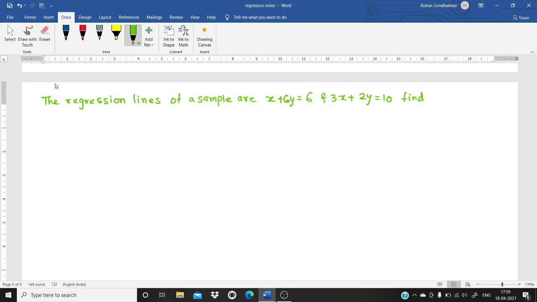Find number 1, the sample means x bar and y bar.